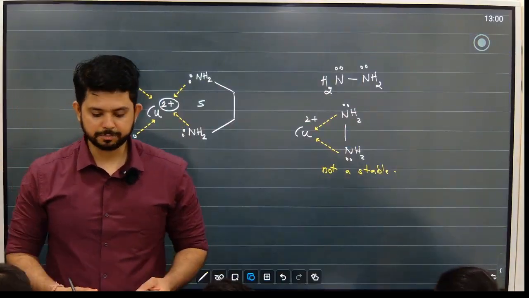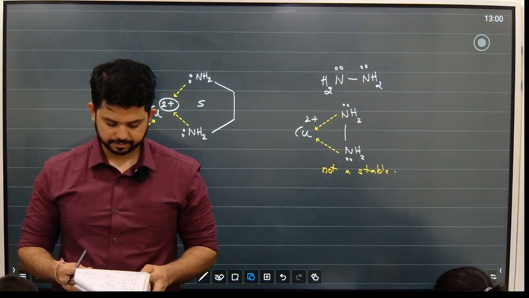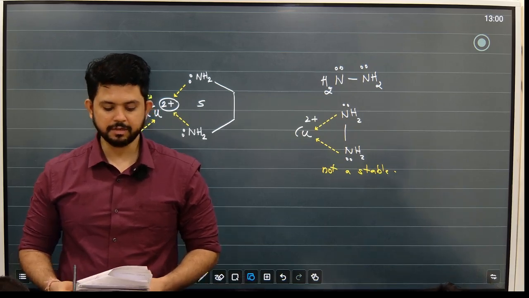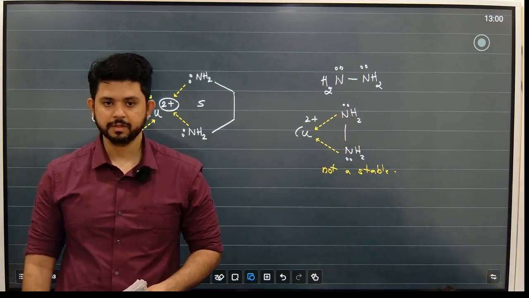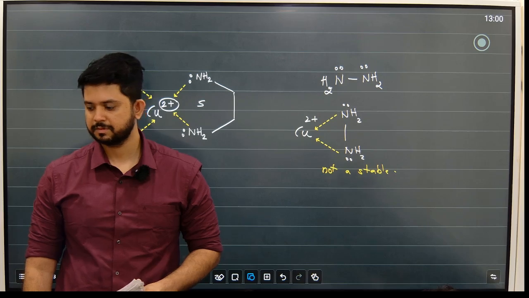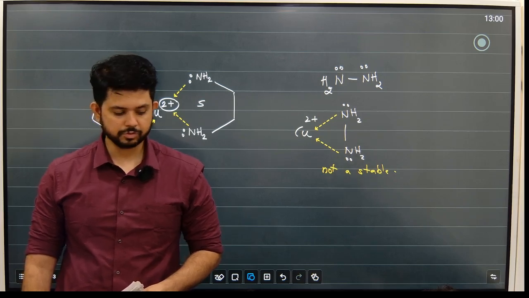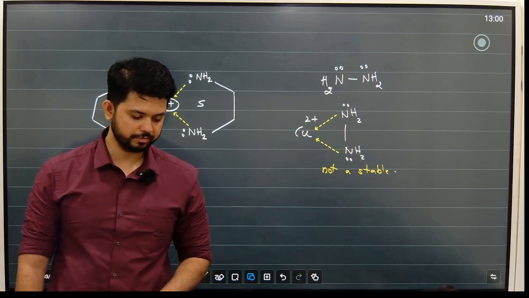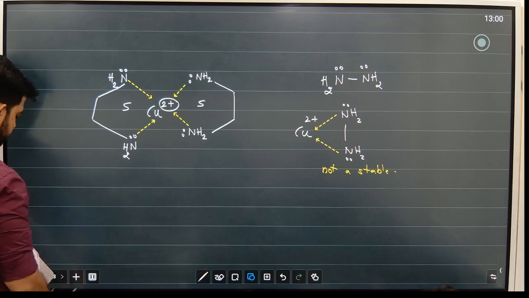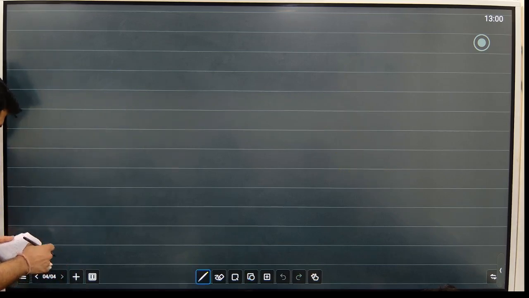And the last point, central metal atom with pseudo noble gas configuration. Central metal atom with pseudo noble gas configuration.